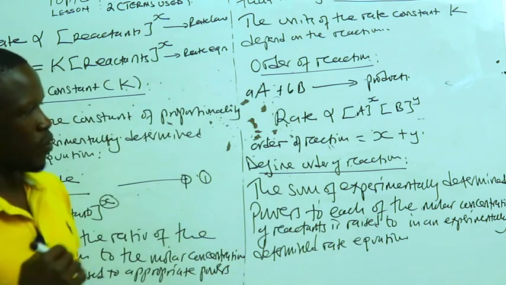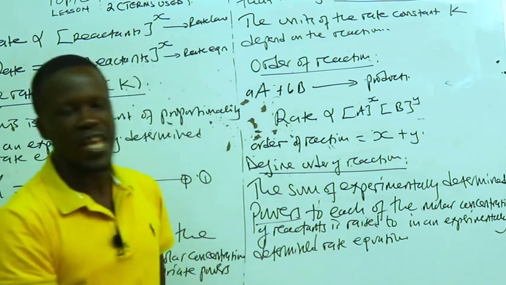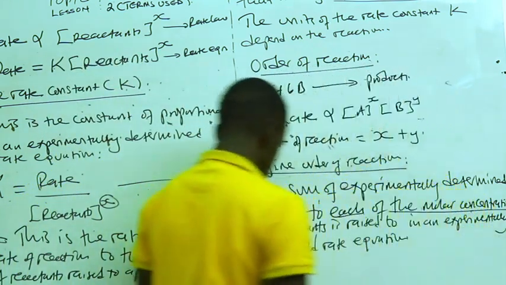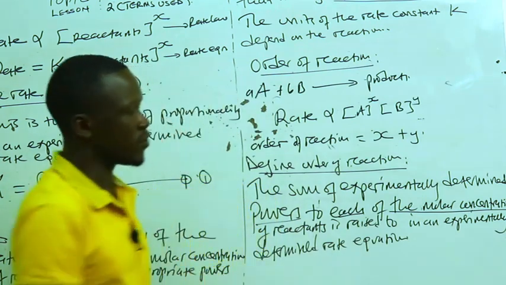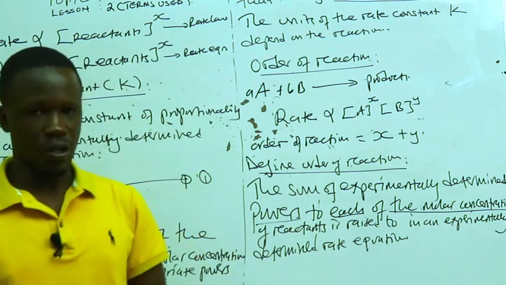The sum of experimentally determined powers to which each of the molar concentration of reactants is raised to in an experimentally determined rate equation.